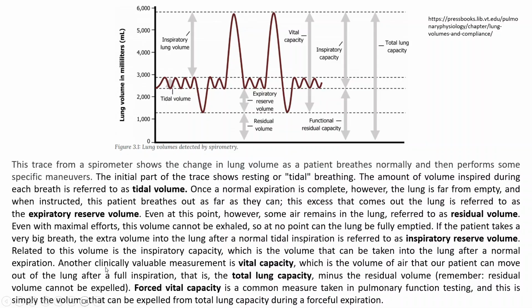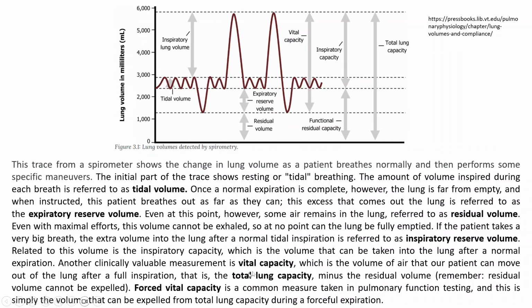This is a common measure when testing whether the lungs are healthy, and it is simply the volume that can be expelled from total lung capacity during a forceful expiration. So you forcefully move your air out, like you breathe out as hard as you can, and that is the total volume you can throw out during that time. That is your forced vital capacity.